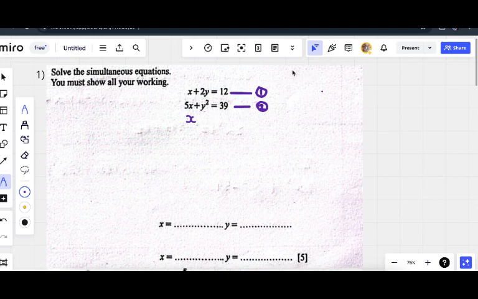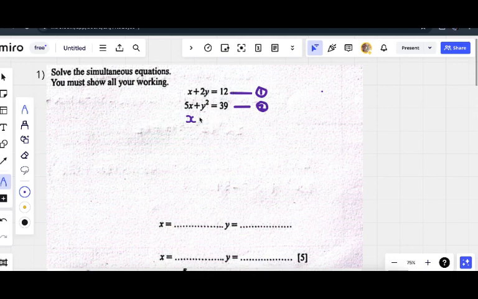Now in using the substitution method, we're going to make x in equation 1 the subject of formula, meaning I'll move 2y to come and meet 12.